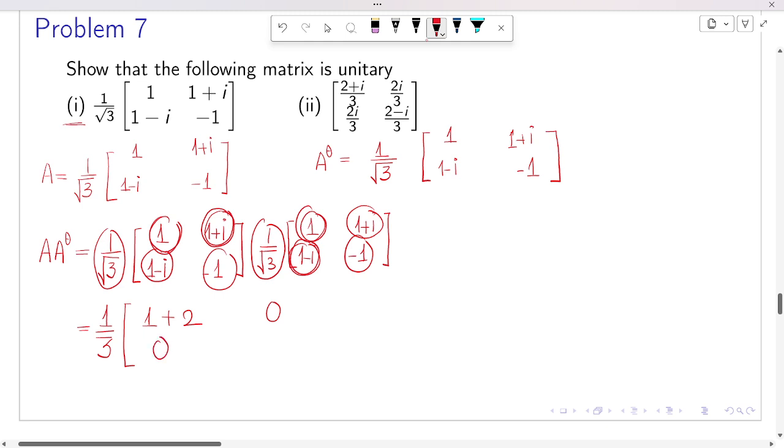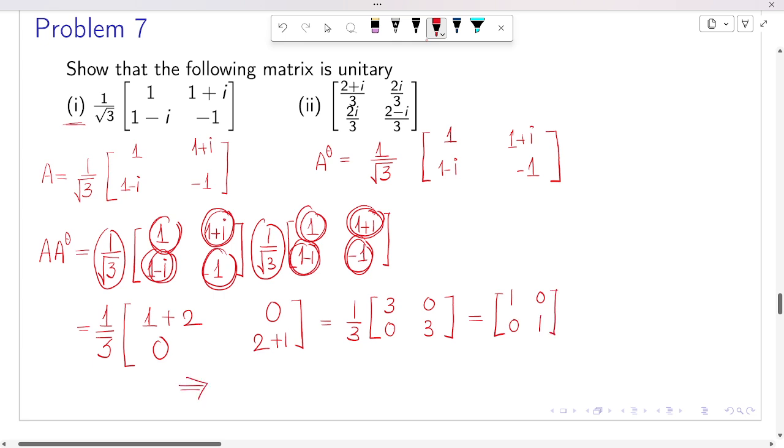And then 1 minus iota into 1 plus iota is 2 and minus 1 into minus 1 is 1. So this is equal to 1 by 3, 3, 0, 0, 3. So this is 1, 0, 0, 1.